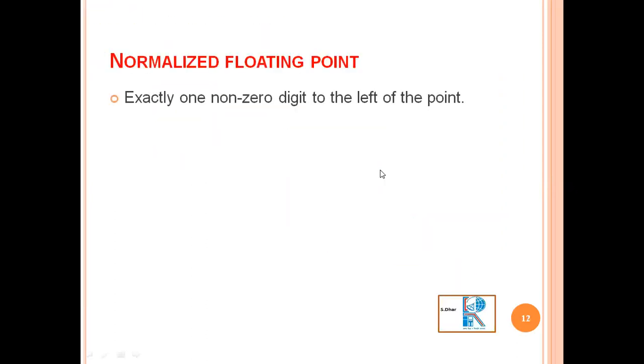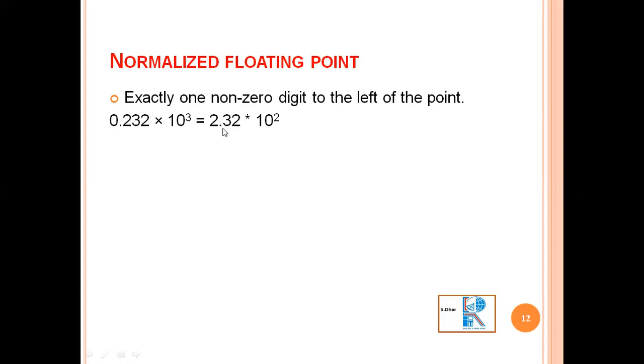Now, the normalized floating point. What is normalized floating point? The definition of the normalized floating point is exactly one non-zero digit to the left of the point. See the example, it will be clear. Suppose this is a floating point number. Okay, this is only a floating point number. But the second example is a normalized floating point number. Why normalized?